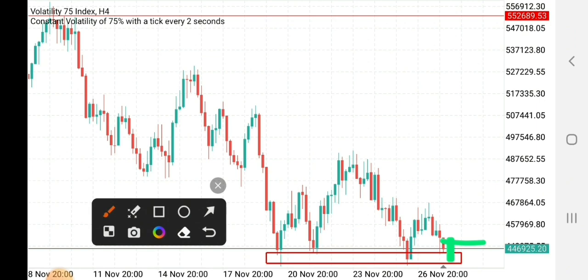But the problem is, if you are buying here, for instance, and you're setting your stop loss down below here, this is very high, like this is VIX75, and for you who have a small account, if you go to lower time frame, you see that what you are risking is very high, as you are risking a lot of money just for this particular trade, even if you are using the lowest lot size, because you are taking a trade on a higher time frame, you're exposing your account to losses, right?